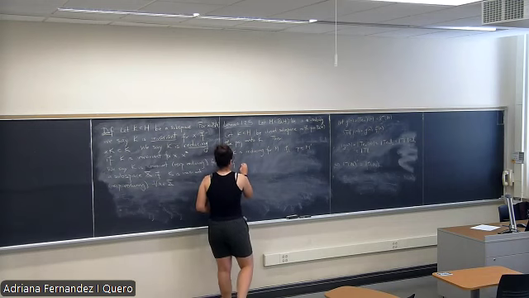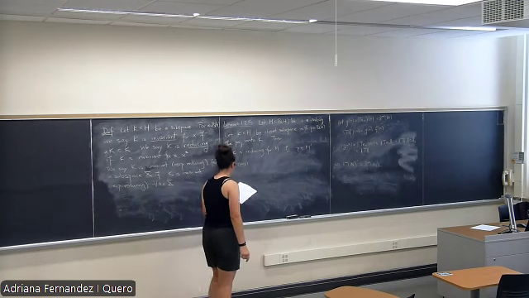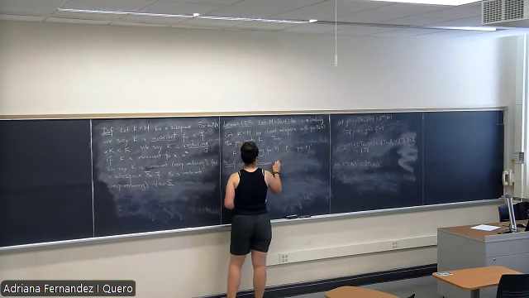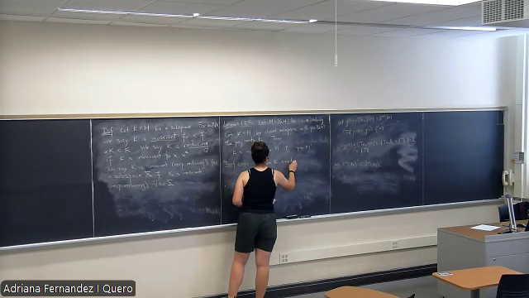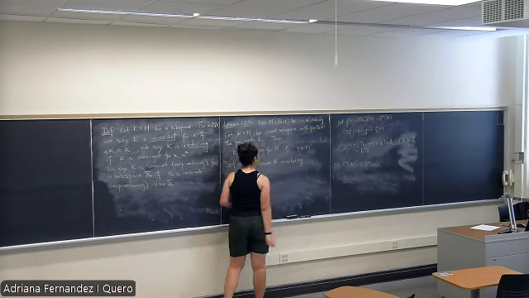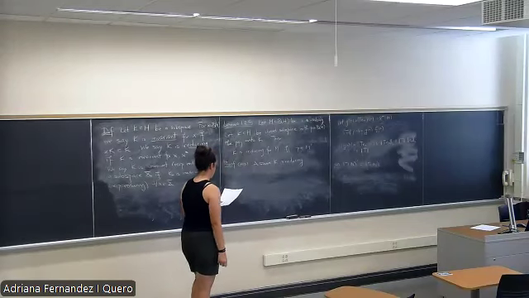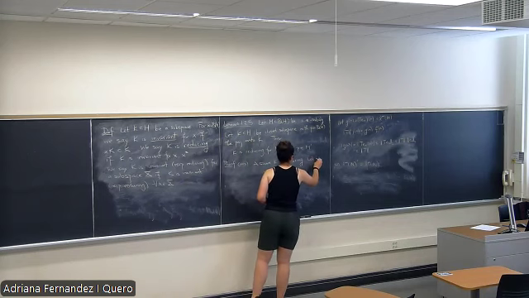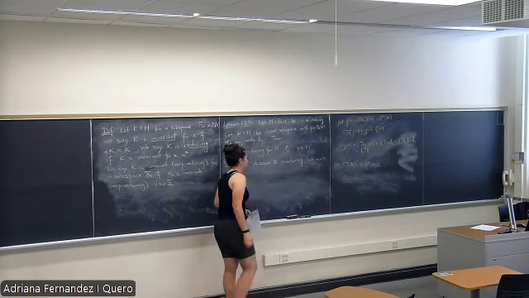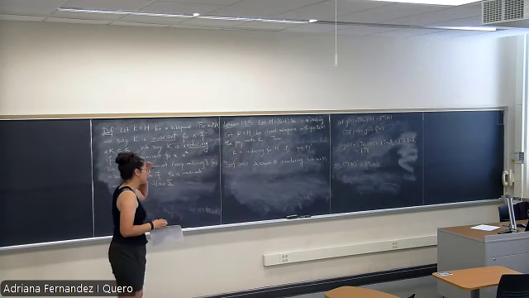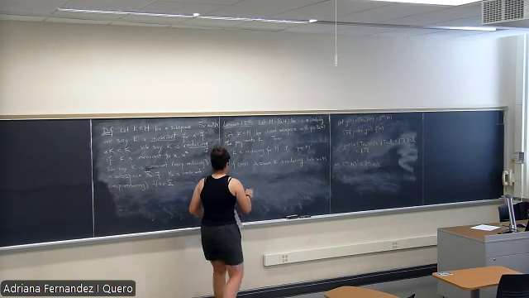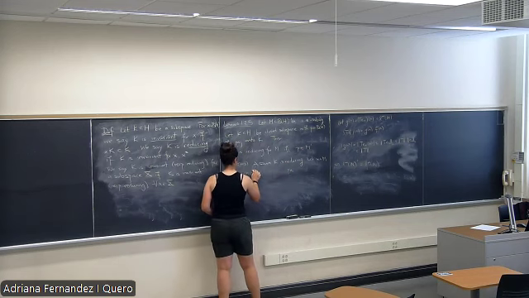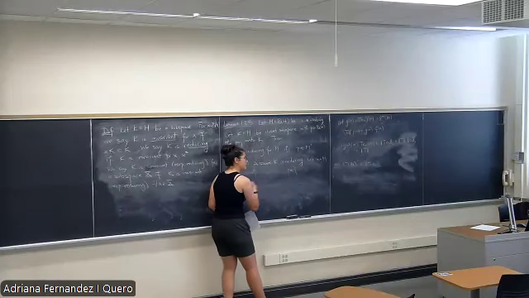So first, let's do the forward implication. So assume that K is reducing. Now we want to show that P is in the commutant of M. So we need to show it commutes with everything in M. So let X be in M. What it means to commute, in some sense, is that when you take PX and XP and apply them to an element psi in H, they need to give you the exact same thing.